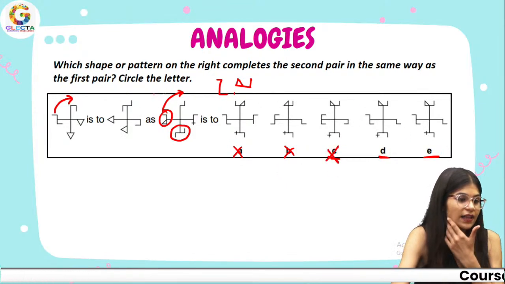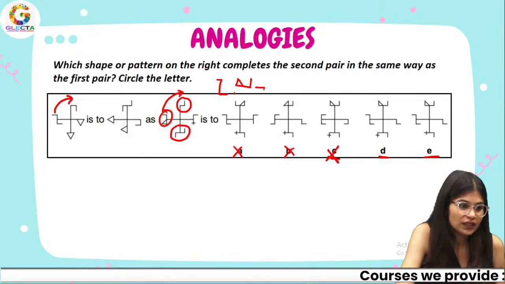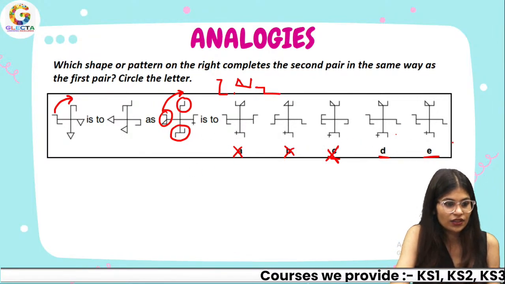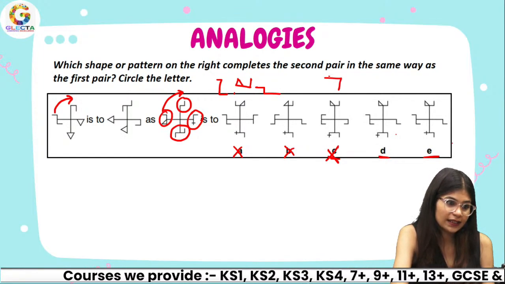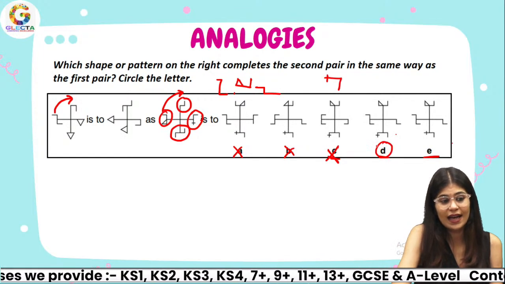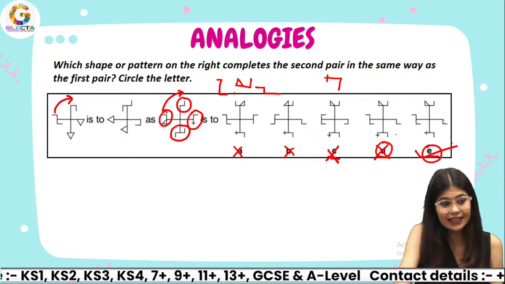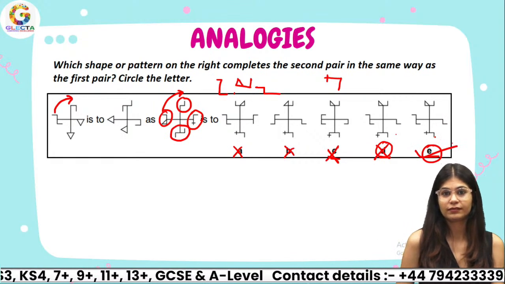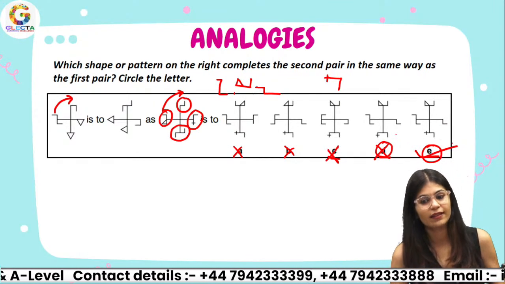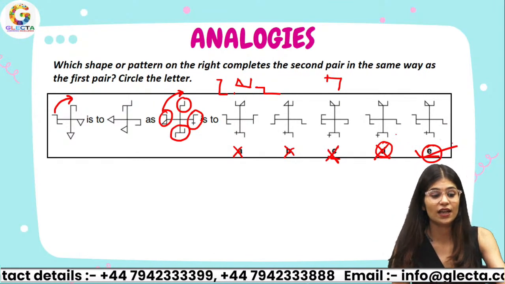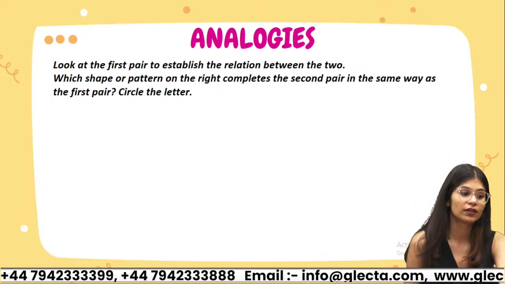D and E are still left. This one would be on this side like this. This is correct, this is correct. Now looking at this, this would be at the bottom like this. D does not have it, so I'm left with E, which is the correct answer. So you rotate. Once you do rotate, you would get the answer. So that's how you do rotation.